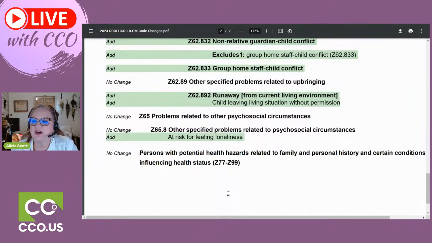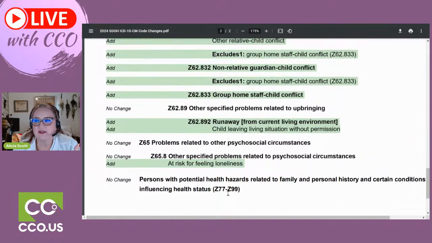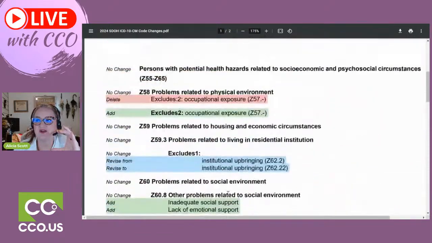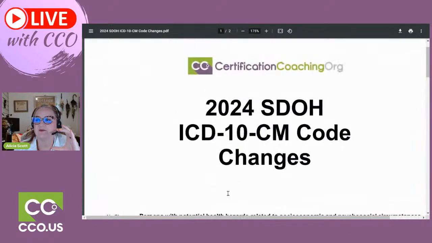Then when you move on to some of the others, there were no changes in persons with potential health hazards related to family and personal history and certain conditions influencing health status, the Z77 to Z99 codes. Hopefully, again, this is one small section of the new area that was added to the SDOHs for 2024.